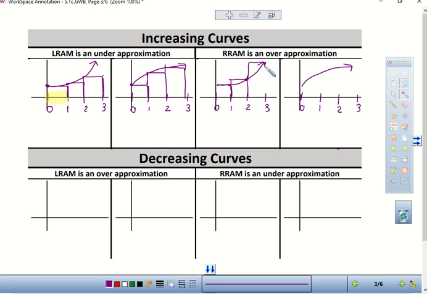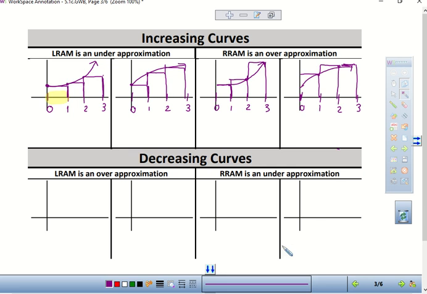So do you see how RRAM is an over approximation when the function is increasing? And then same thing over here. So 1 determines the height, 2 determines the height, and 3 determines the height. So this is the reasoning behind why LRAM is an under and RRAM is an over for increasing curves.